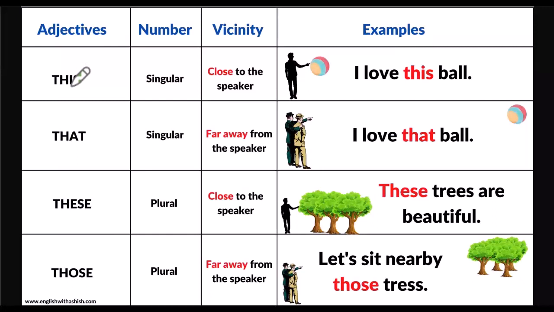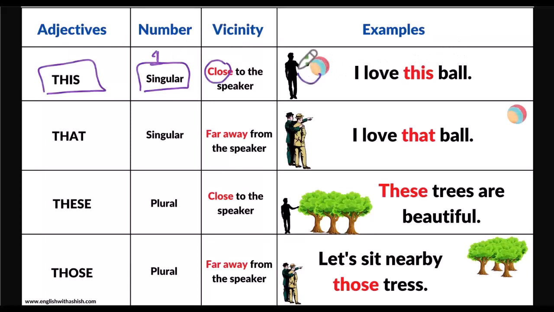All right. So, the very first demonstrative adjective, which is this, refers to a singular noun, one in number, which is close to the speaker. For example, I love this ball.